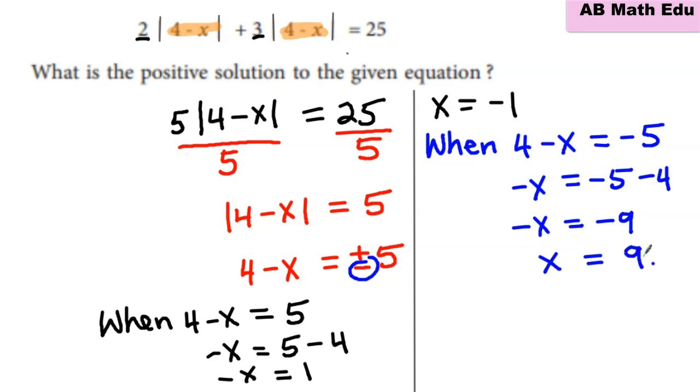So the two numbers that will make this equation true are when x is equals to negative 1 or when x is equals to 9. But here the question asks us to find the positive solution. So for the positive solution, when x is greater than 0, the answer is 9.